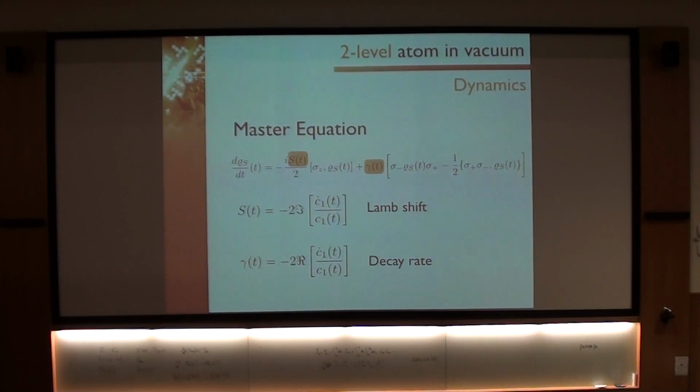We know that the dynamics is divisible anytime this is already in the Lindblad form, but we have to make sure that this gamma of t is also positive to talk about divisibility. And so, of course, you have the analytic expression for this coefficient, and the form of this coefficient is the following. I will write it down here.